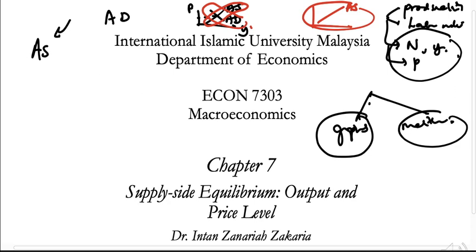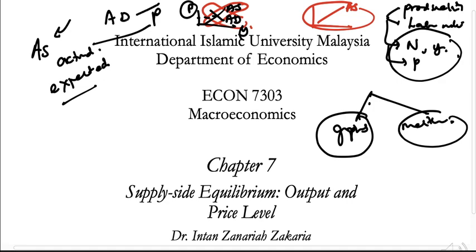Now, when we talk about aggregate supply, like I said earlier, it is upsloping, so you draw price here and also output or income here. When you see P here, it's actually the actual price, not the expected one. So what you have seen in your undergraduate level is the actual price.